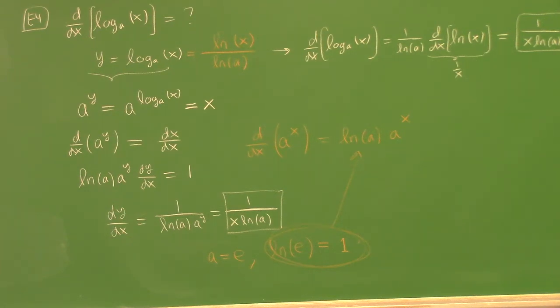Uh-oh, external hard drive, that's not going to help us. I get 18,000 for the thing inside the square root.